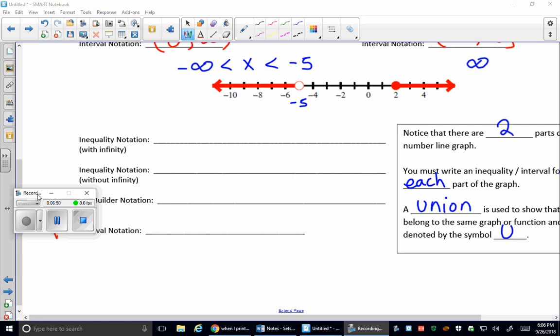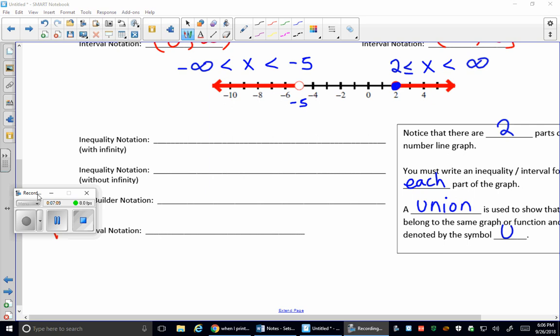On this side, X could also be on this section of the graph, and it's stuck in between 2 and infinity. But because we have a solid dot, it's equal to. So X can be in this location, or X can be in that location.